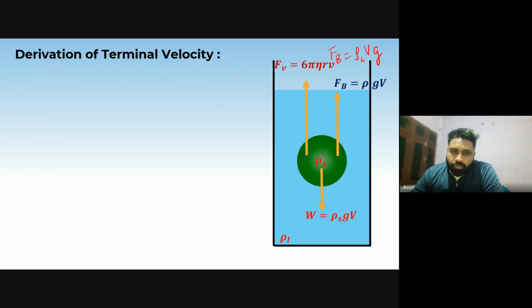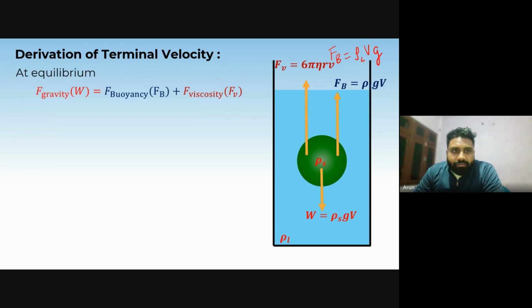This is the viscous force. So at equilibrium, what will happen? The force due to gravity, which is the weight of this body, equals the resultant of the buoyant force and the viscous force.